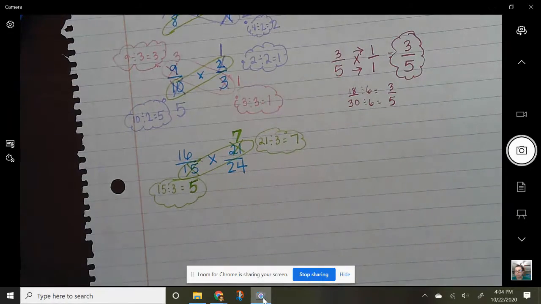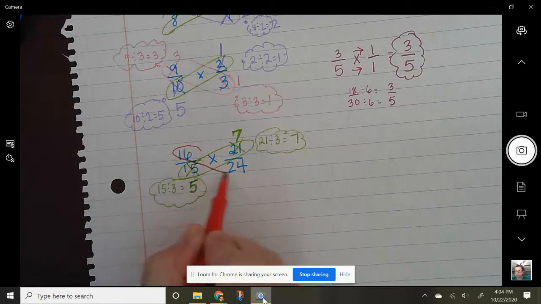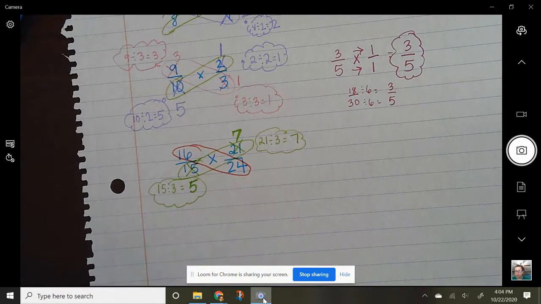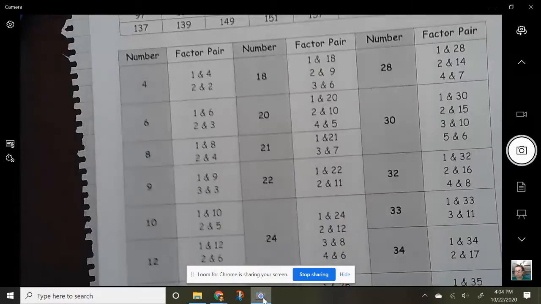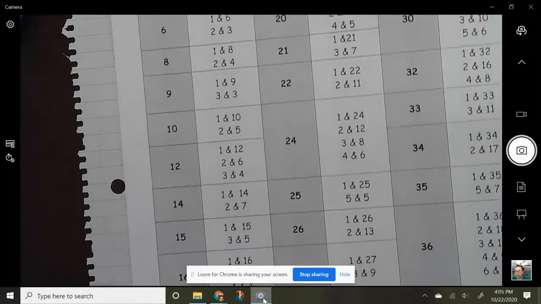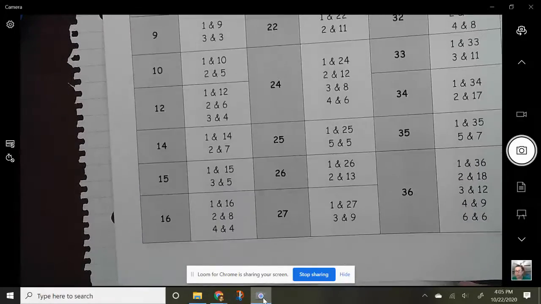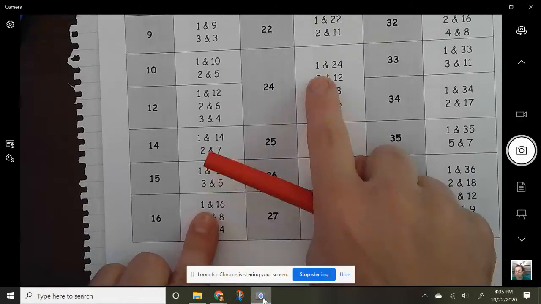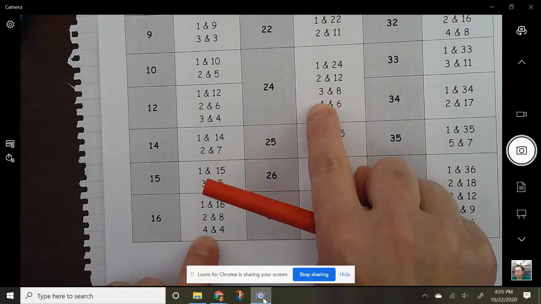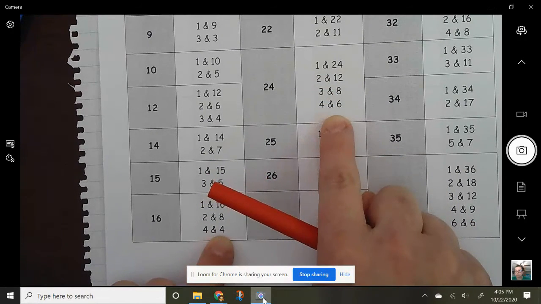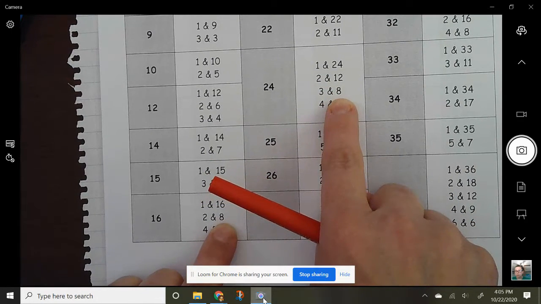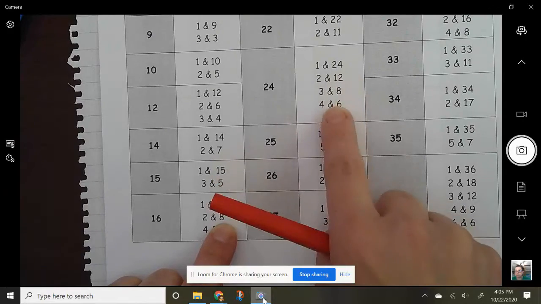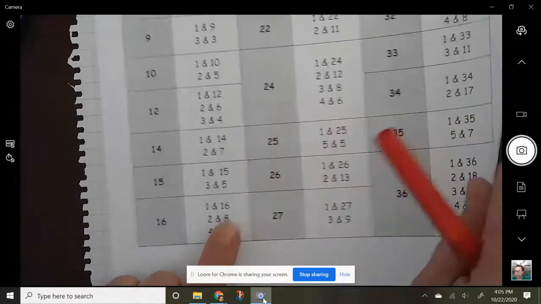Okay, new color. Let's do this. I got 16 and 24. My factors chart. If you get really good, you don't need your factors chart. I'm doing 16 and 24. Okay, 1, 2, 4, 8. 8 is my biggest one, my greatest common factor.